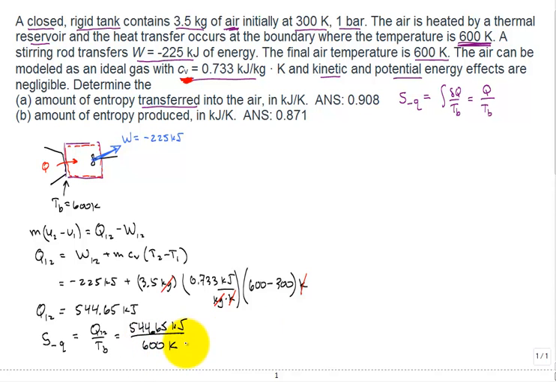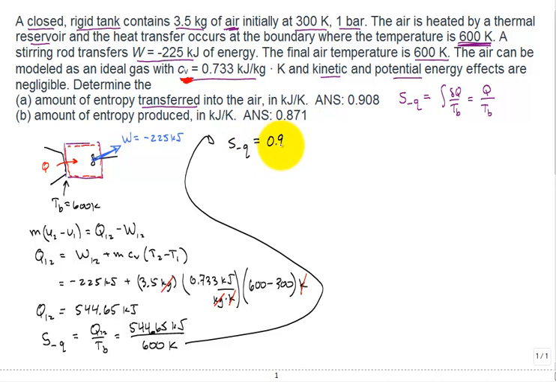And that gives us the final answer, and I'm just using this notation, you can use a different notation for the answer, of 0.908 kilojoules per Kelvin. Answer for part A.